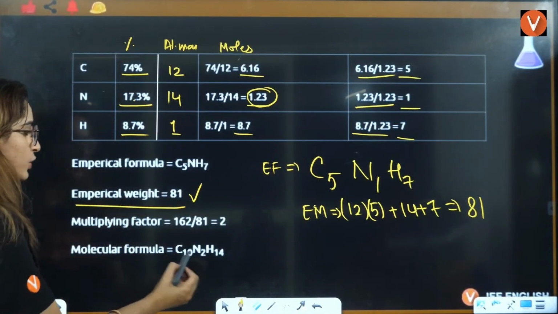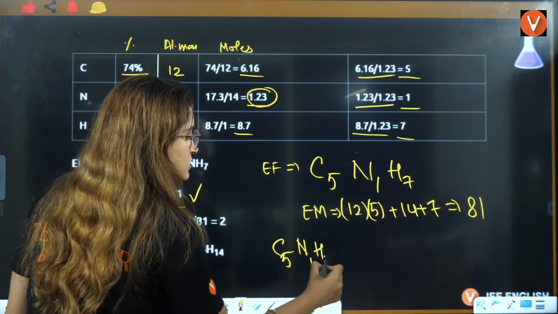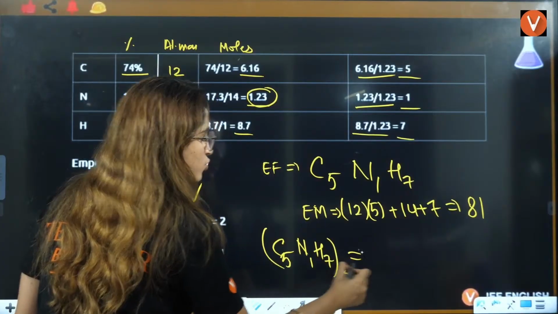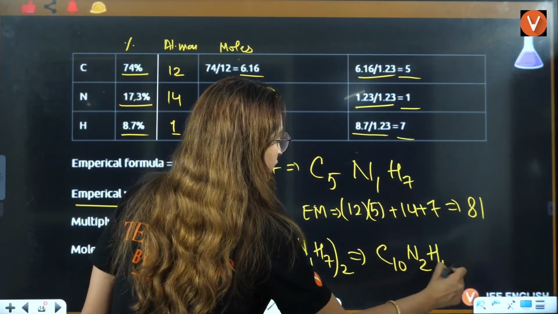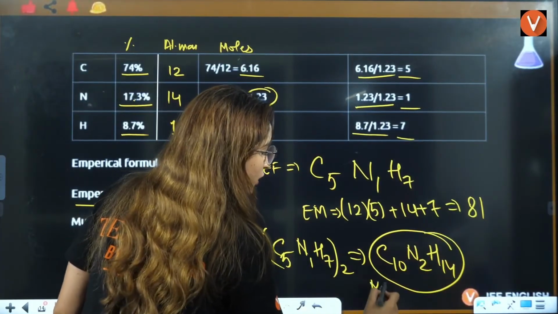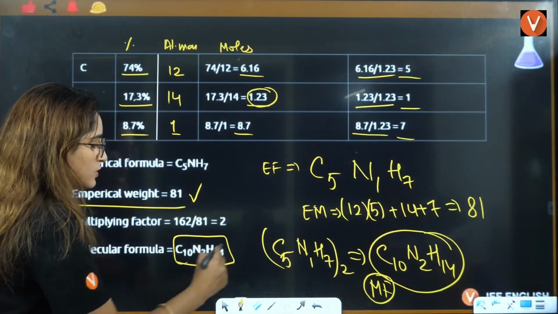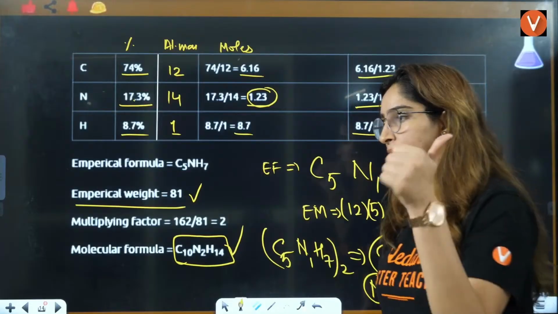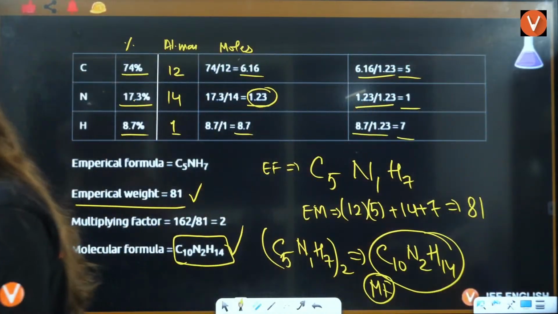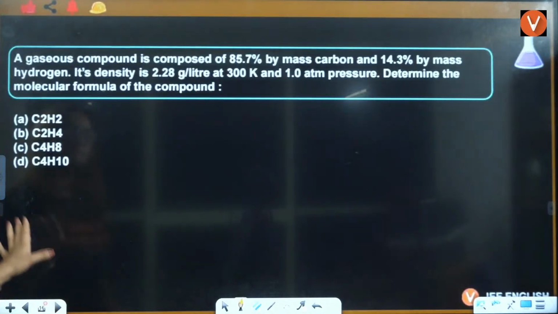You put the value in C5N1H7 times 2, so it will become C10N2H14. And that is your molecular formula, right? C10N2H14 is your molecular formula here. Clear, everyone, right? Simple questions these are, okay? Nothing to worry about here, right?